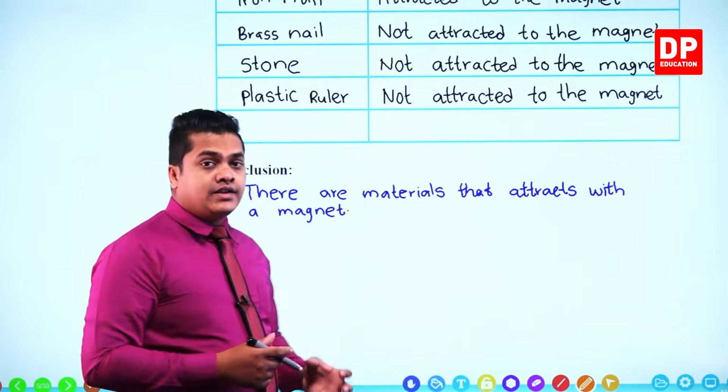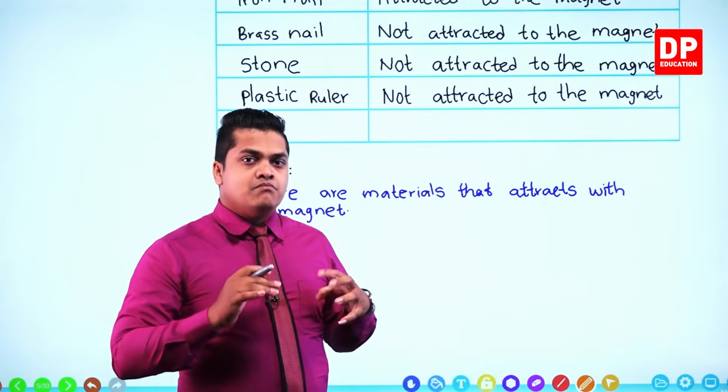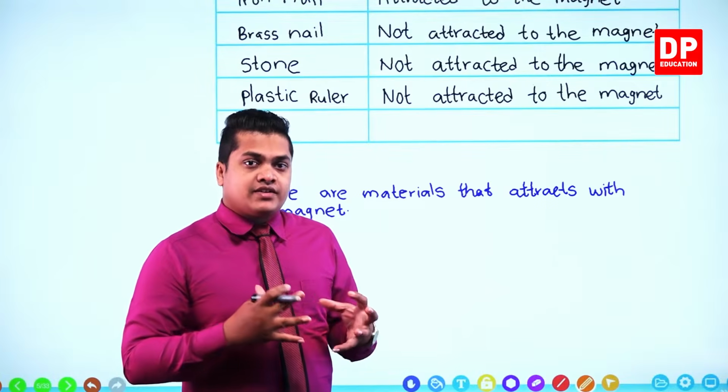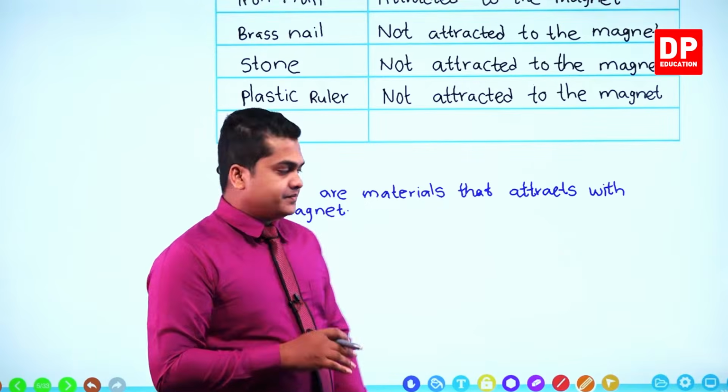So you know that these things are called magnetic materials. Magnetic materials have magnetic properties. That's why they are getting attracted to the magnet.